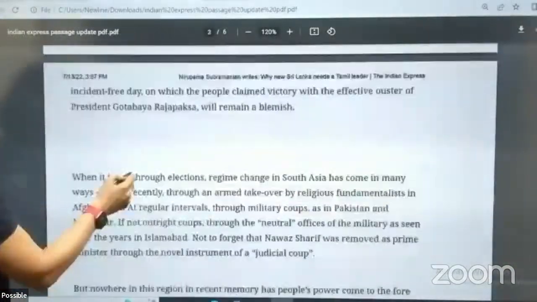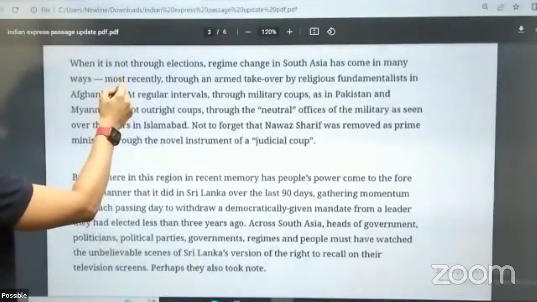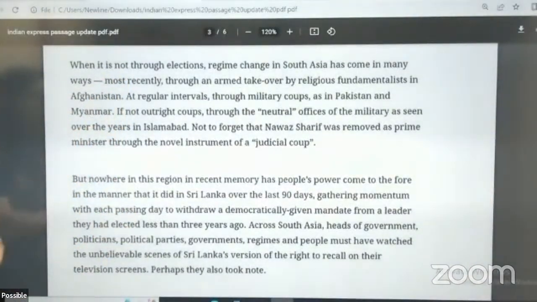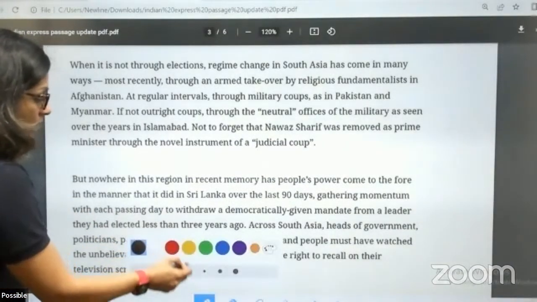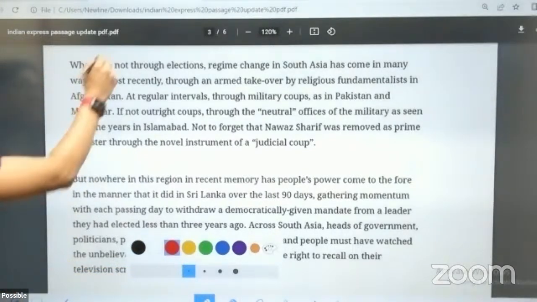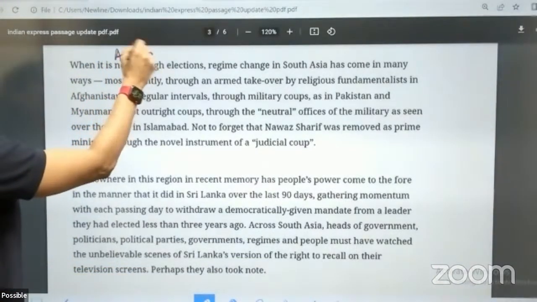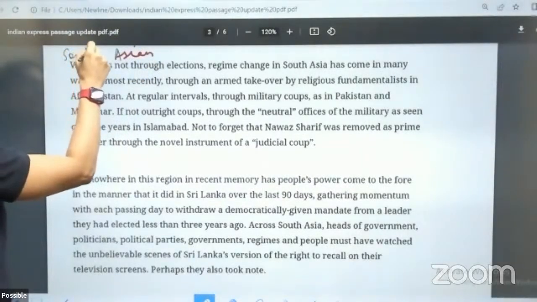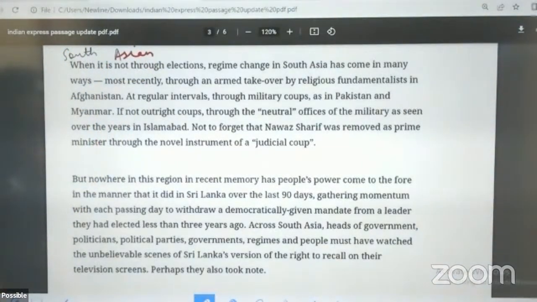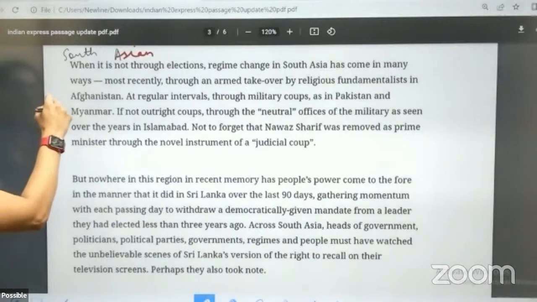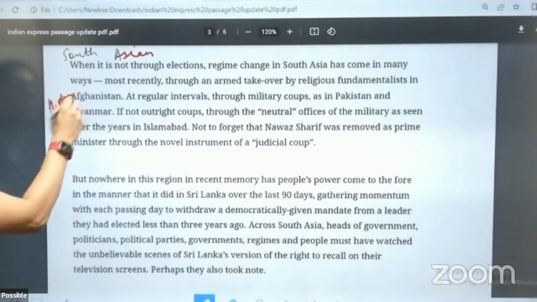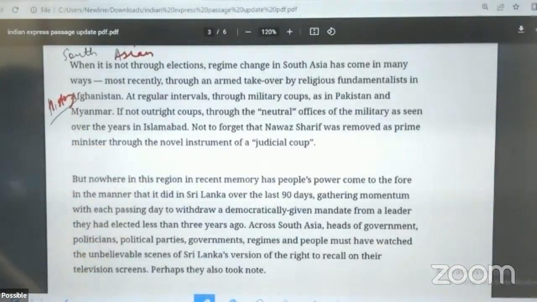Then we come to the third paragraph. What is the author saying in the third paragraph? In the third paragraph, the author talks about the history of this region, which means the Asian or the South Asian region. In the South Asian region, what is the history? The history of different takeovers, coups, military coups, judicial coups.